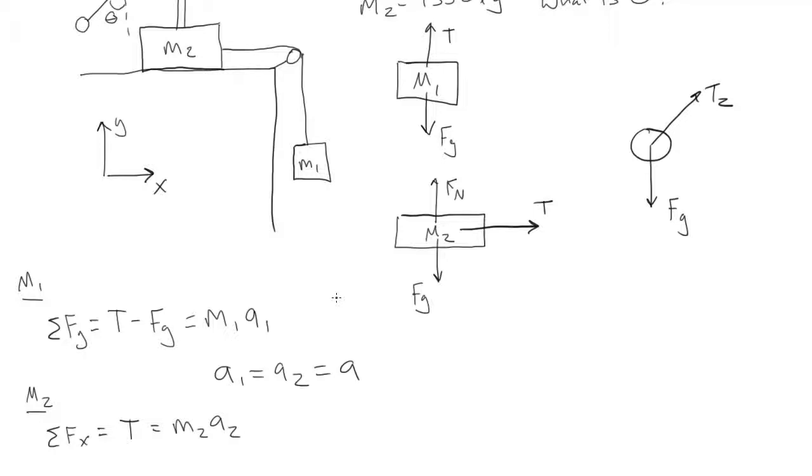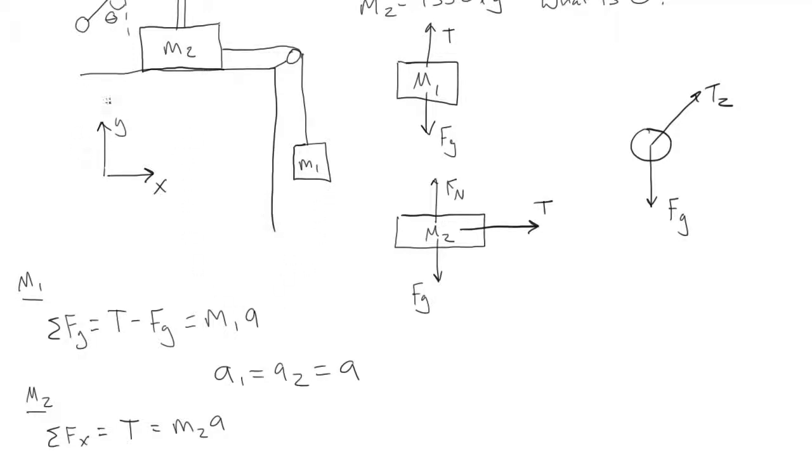The first thing I can do here is erase my subscripts. But just like in our example yesterday, I have to be careful about the directions. Remember, this thing has to be sort of a vector. So I've got to have a positive or negative sign if the mass is accelerating in the positive or negative direction. So for mass 1, this is going to accelerate downwards.